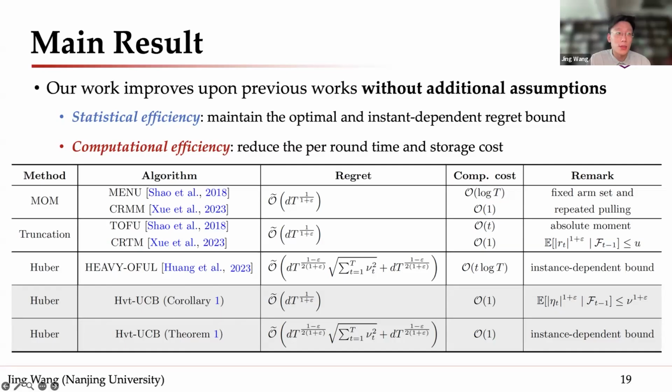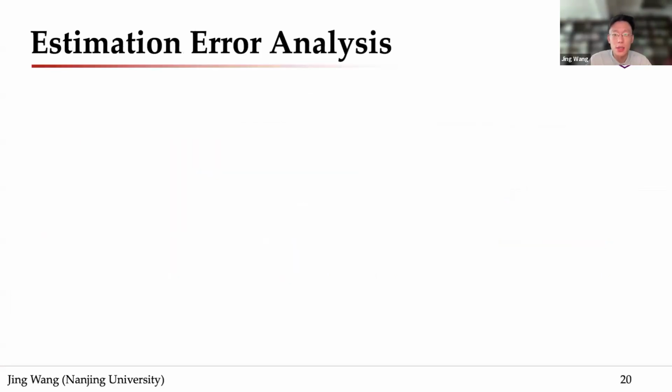And for heavy OFAL, it can achieve the best result and instance dependent bound, but the cost is so big. So our algorithm can achieve the optimal regret and the instance dependent regret at the same time, both with only O(1) computational cost. So this is our main result. We can actually achieve statistical efficiency and computational efficiency at the same time.